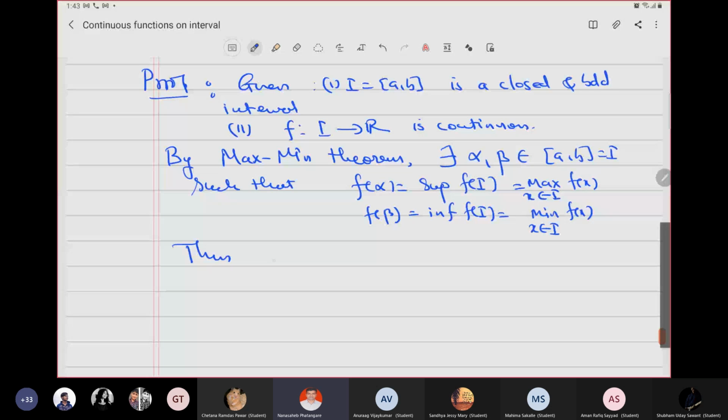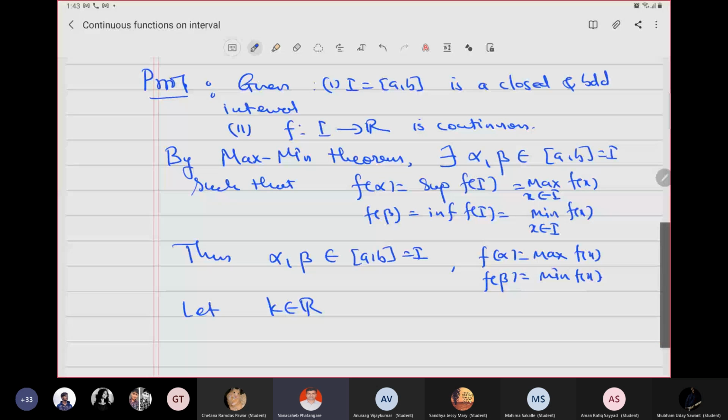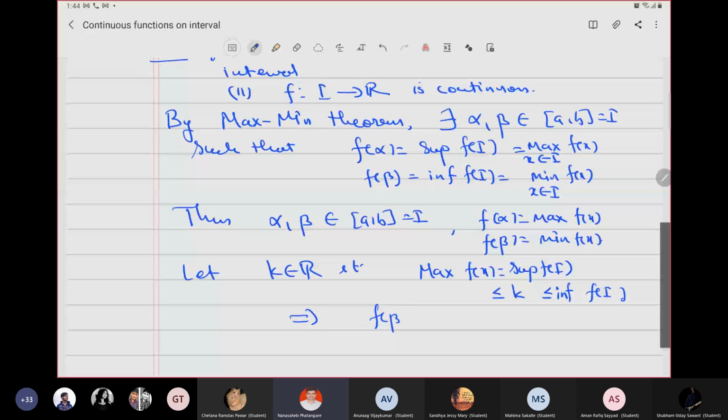So now let k be a real number such that infimum of f of I is less than or equal to k, less than or equal to maximum of f of x or supremum of f of I. Then k lies in between supremum and infimum, which means what? F of beta less than or equal to k less than or equal to f of alpha.